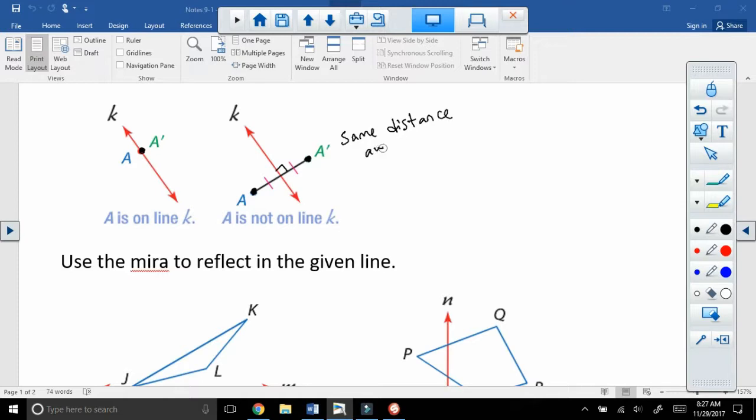They're the same distance away from the line in a perpendicular direction. And when we do these on graph paper, what you're going to be able to do is just look and see how far apart they are from the line, and that's really what we're going to be doing, just kind of counting boxes for the most part.